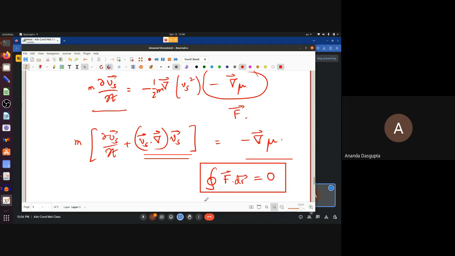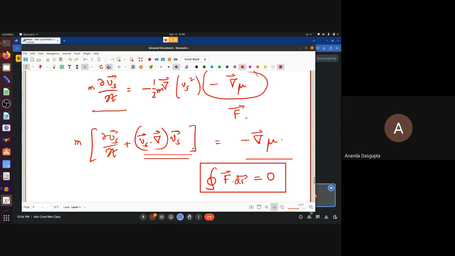Conservative forces are gradients of scalars. And therefore, this force being conservative means whatever kinetic energy the system loses goes into increasing the potential energy. The energy is not lost into heat or any other form.